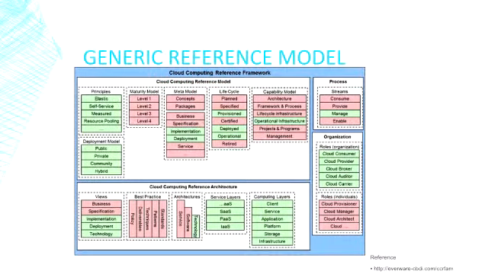Here is a generic reference model. Here you can see where the actual functions and capabilities should be placed in an enterprise. It includes the processes, the organization, the architecture, and the cloud computing reference model itself.